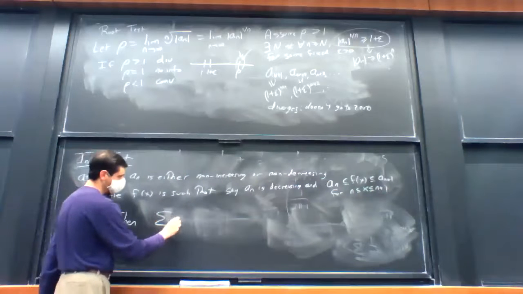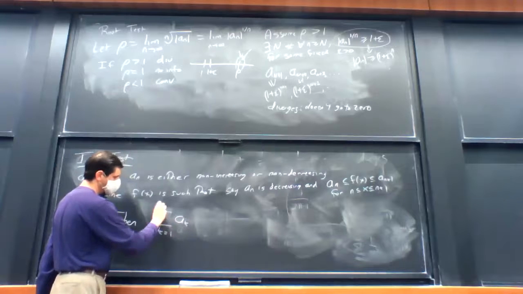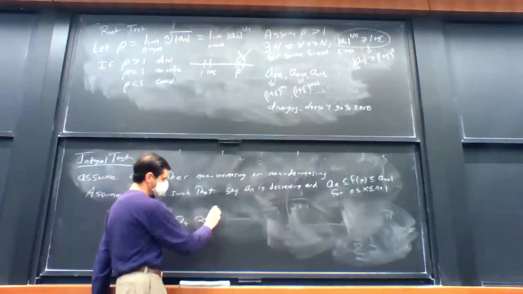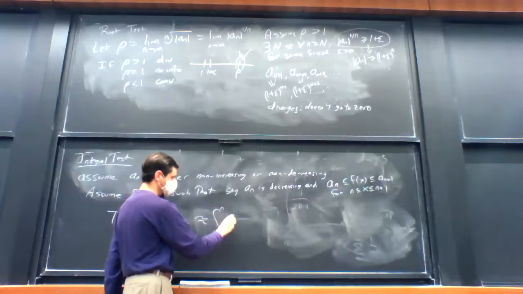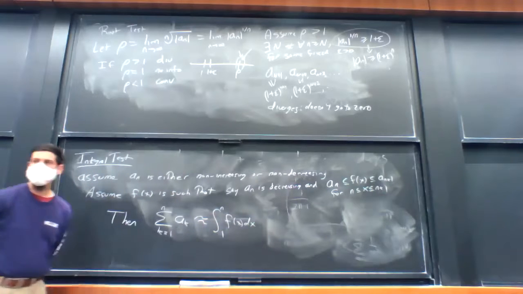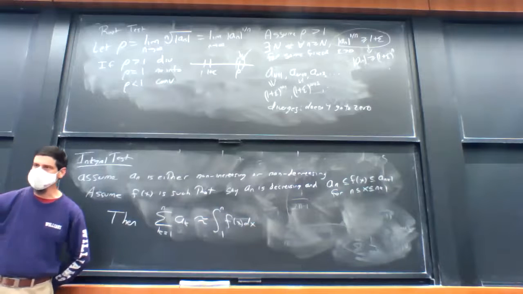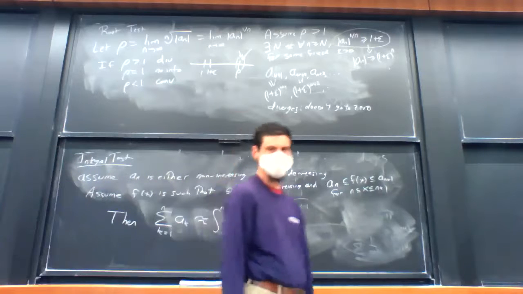Then the sum of a_k, k goes from 1 to n, is basically the integral from 1 to n of f of x dx. And you can be a little bit more precise. You can talk about what the errors are. You can bound how much you're off by.